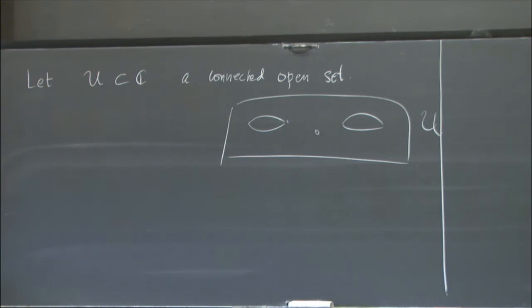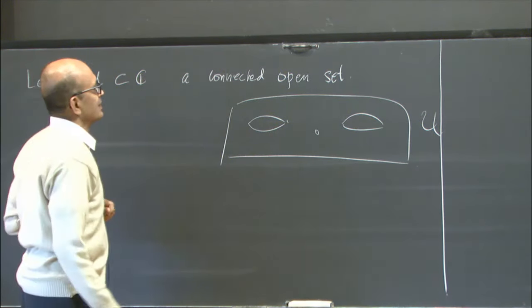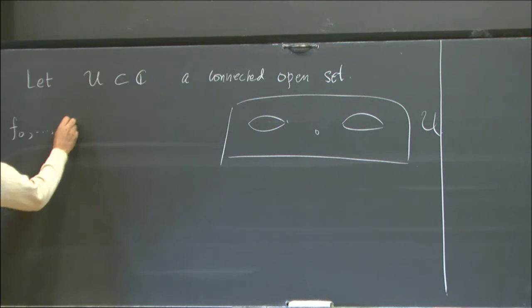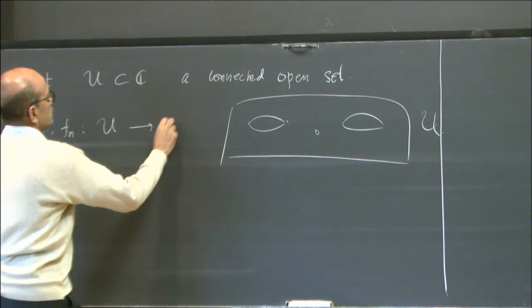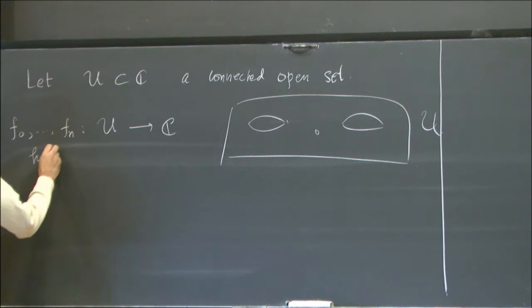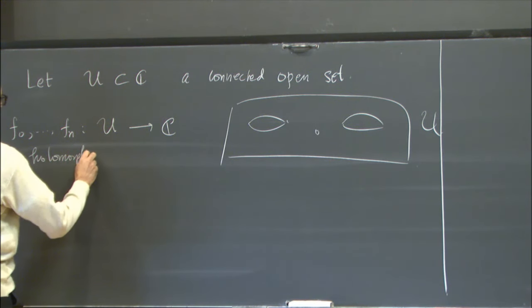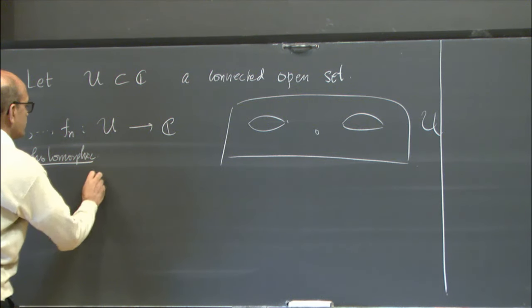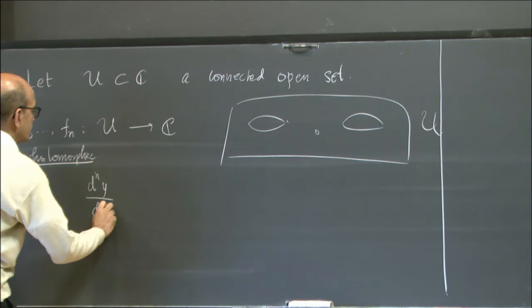Now I will fix functions from the open set to C which are holomorphic. So I want to look for solutions to a linear differential equation with coefficients in these functions. So I'm going to look for solutions to this linear differential equation.